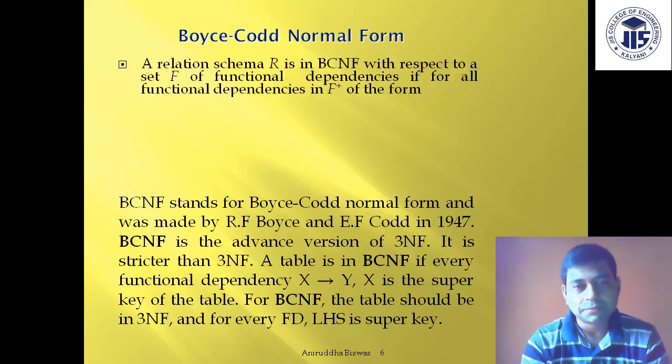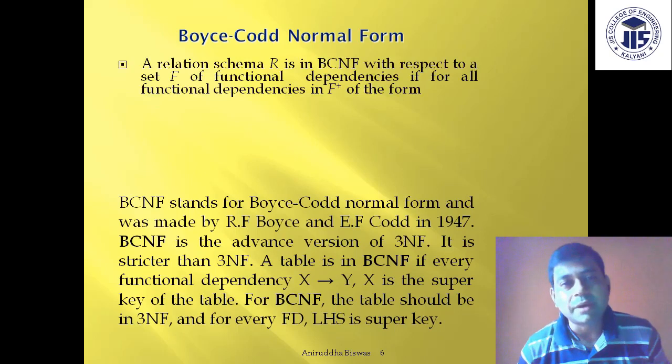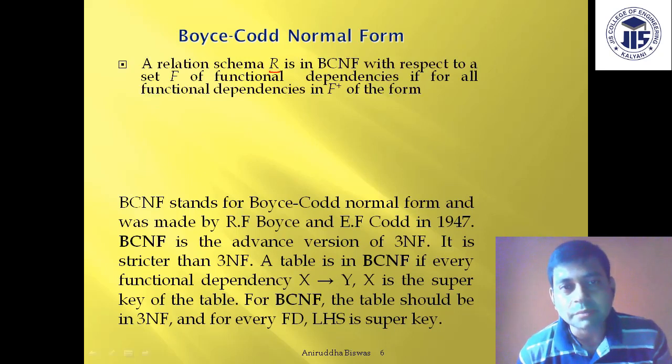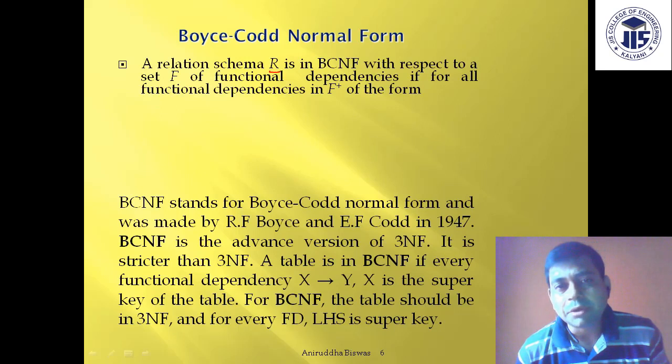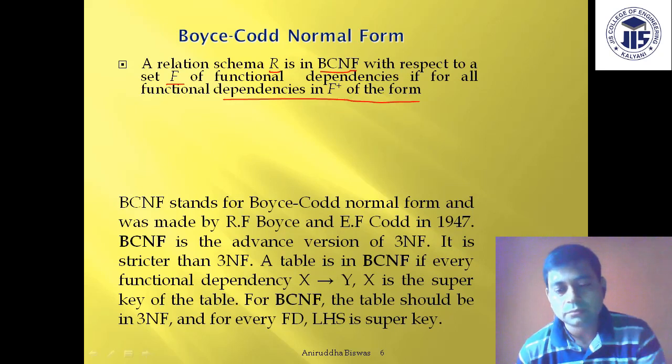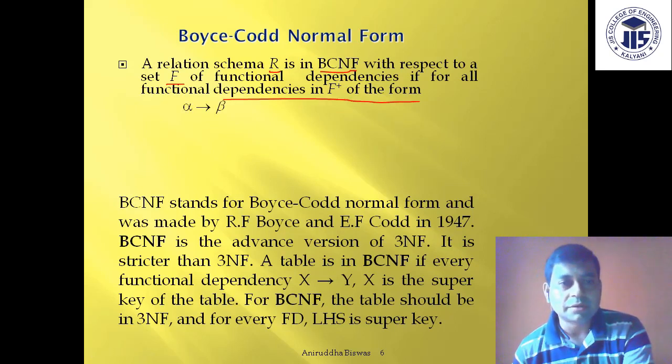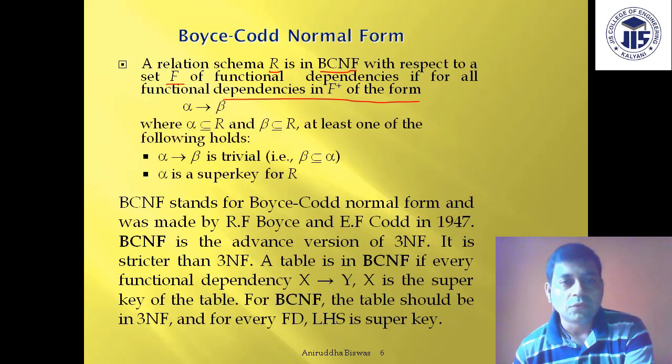So let's clarify it. A relation schema R, let's say this is the relation schema, can be called in BCNF with respect to a set of functional dependencies F, where for all functional dependencies in F plus, that is the closure, of the form alpha determines beta, where alpha is a subset of relation R and beta is also a subset of relation R, at least one of the following should hold.